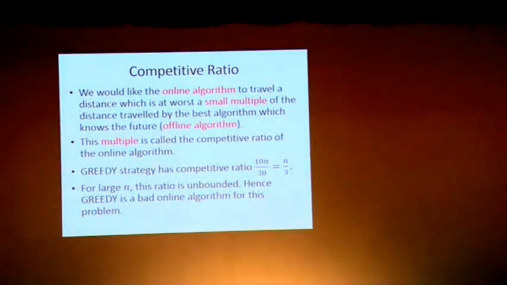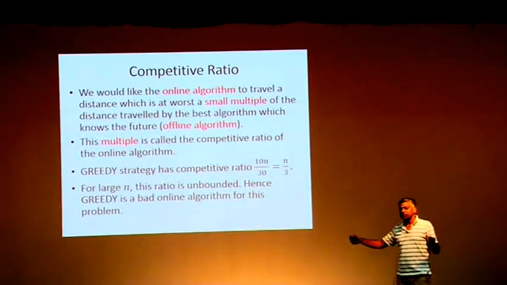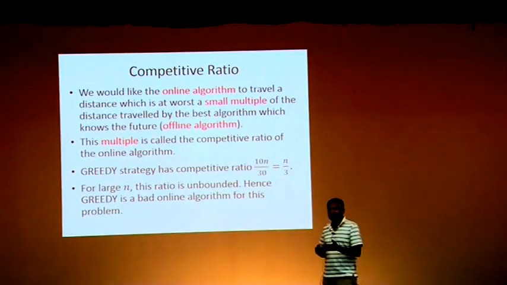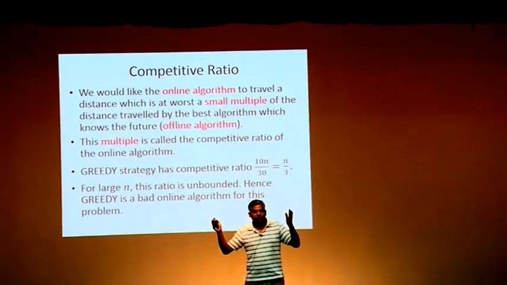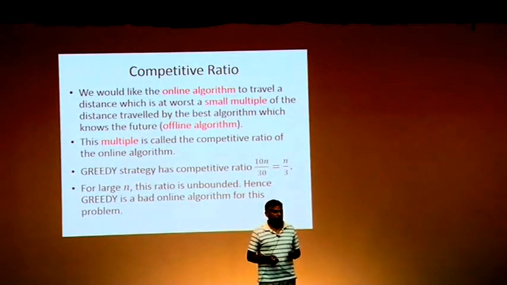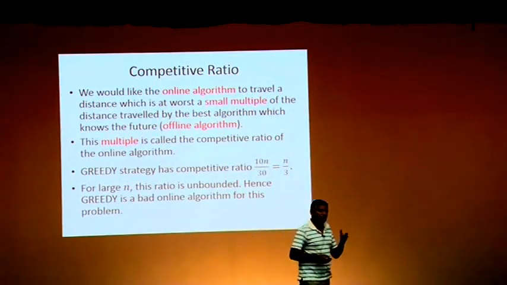Okay? So I would like that my online algorithm, in the worst case, for all possible request sequences, never travels more than, let's say, 15 times the best solution. And then this number 15 will become my competitive ratio.